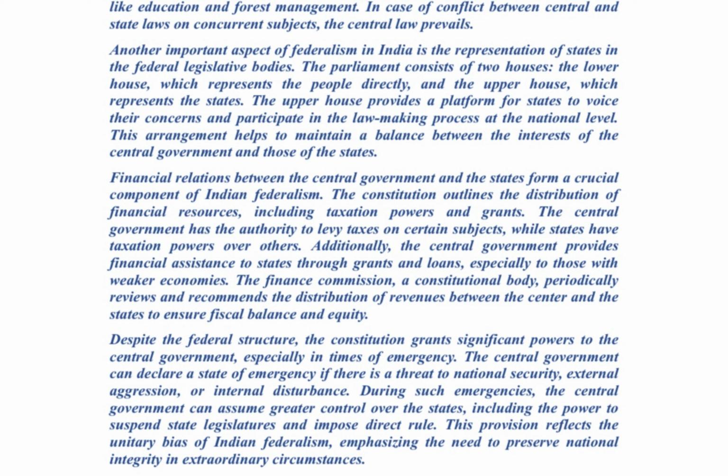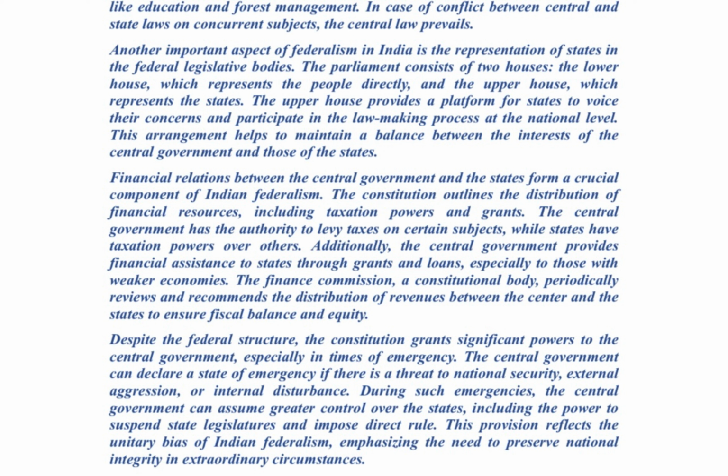Despite the federal structure, the Constitution grants significant powers to the central government, especially in times of emergency. The central government can declare a state of emergency if there is a threat to national security, external aggression, or internal disturbance.